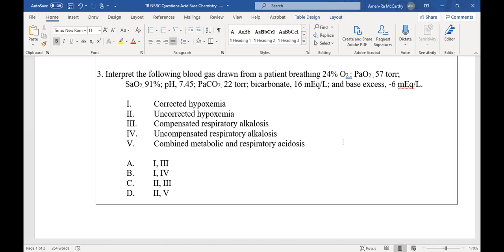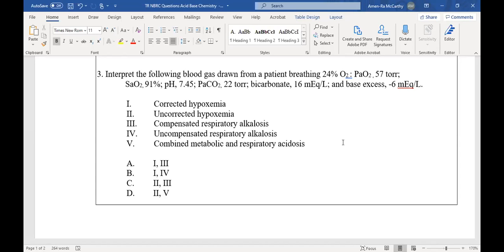Now, let's look at our third player, which is bicarb in this case. Is he in normal range? No. So he's trying to compensate. There is compensation going on. Now, was his compensation enough to pull pH back into normal range? Yes, because it's 7.45.